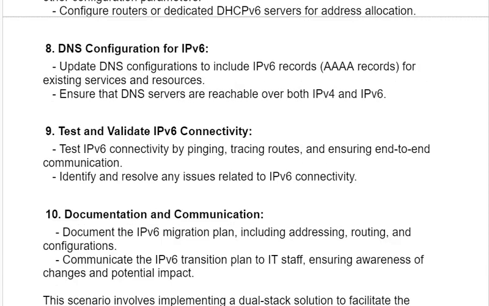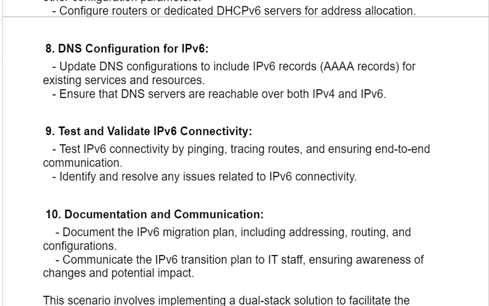Our eighth solution is DNS configuration for IPv6. Update DNS configuration to include IPv6 records, AAAA records for existing services and resources. Ensure that DNS servers are reachable over both IPv4 and IPv6.